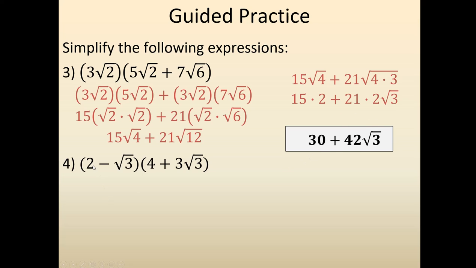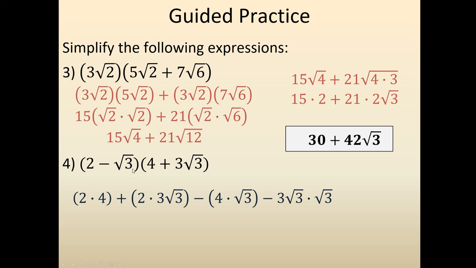All right. Now for this, just like we did within the polynomial unit, we're going to distribute again, but we have to make sure that we distribute all the terms. So we do 2 times 4, 2 times 3 rad 3, and then we also distribute this negative rad 3. So we do minus 4 times rad 3 and minus 3 times rad 3 times rad 3.